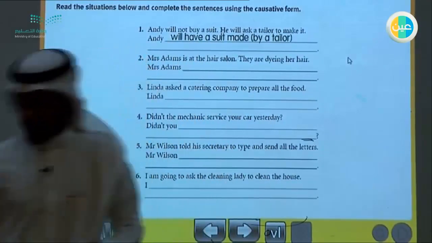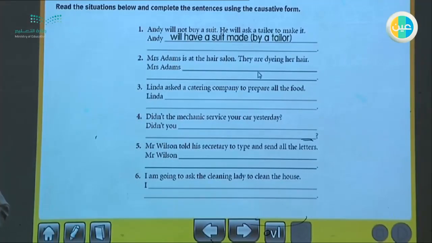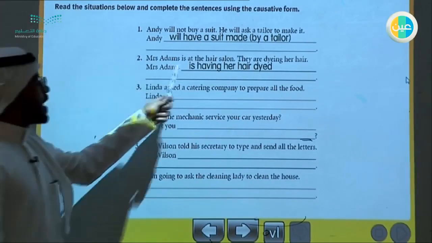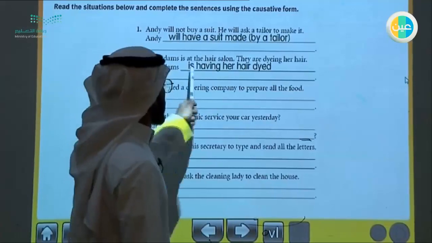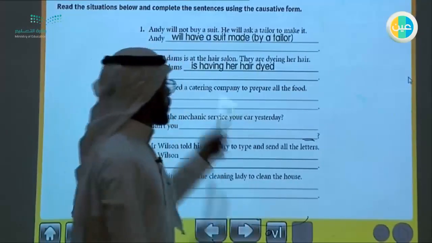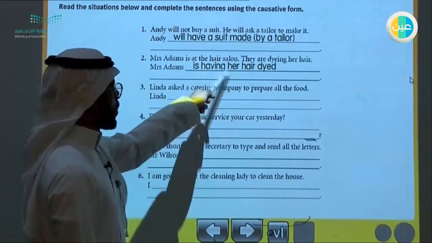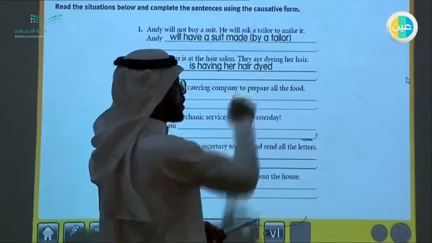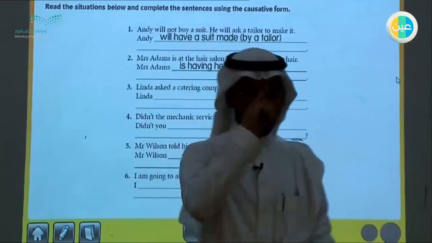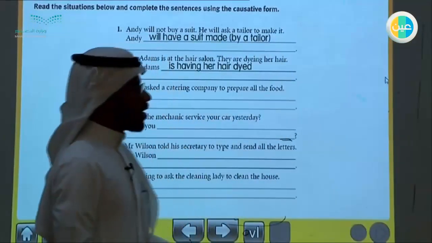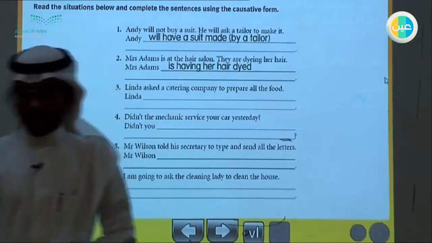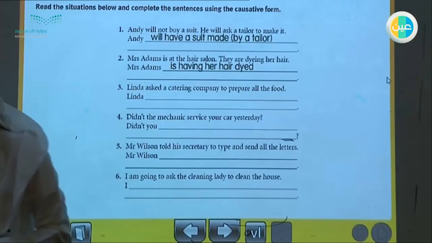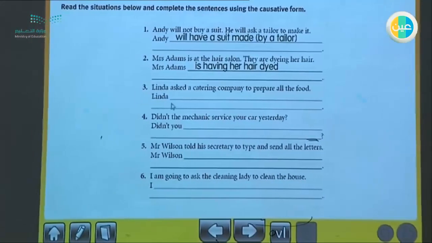So we will say Mrs. Adams is because it's singular. مفرد نستخدم مع is. Will have نضيف لها ing. Her hair اللي هو شعرها المفعول dyed. الفعل في التصريف الثالث. So we will add ed. Okay.